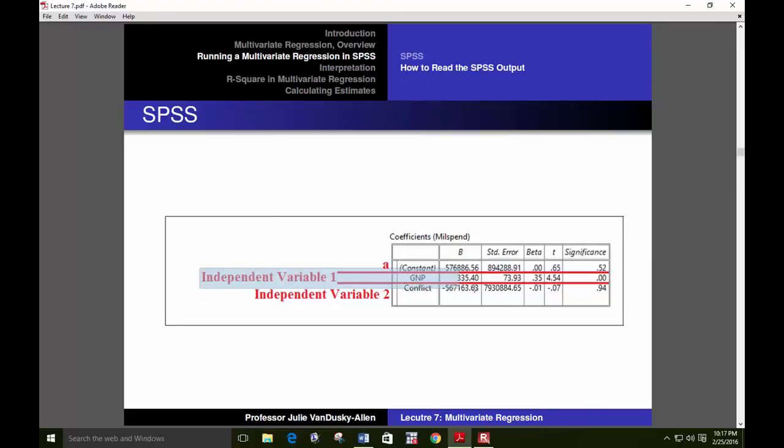The second row tells you the statistics associated with the first independent variable. In this case, it is GNP. The third row tells you the statistics associated with the second independent variable. In this case, it is conflict. The B column tells you the values of A hat and B hat for each independent variable. The SIG column tells you the results of the significance test for A hat and B hat.